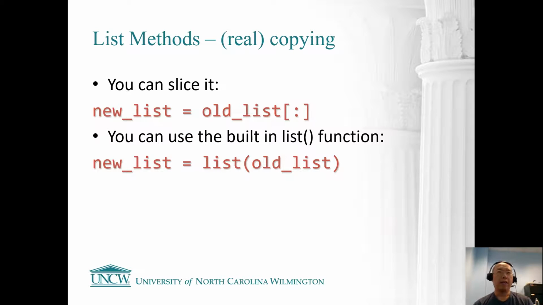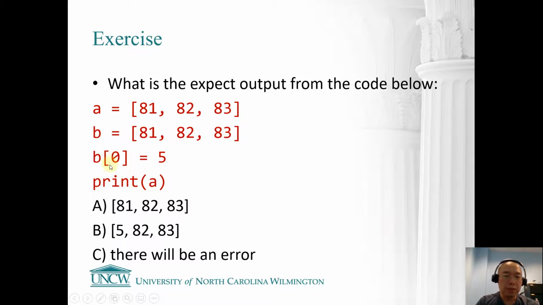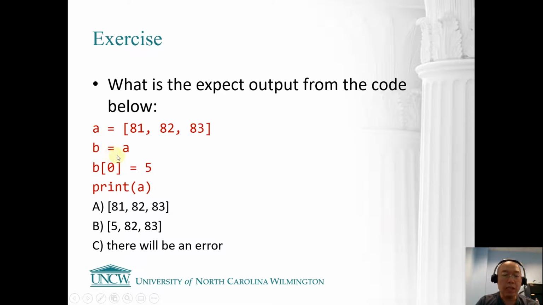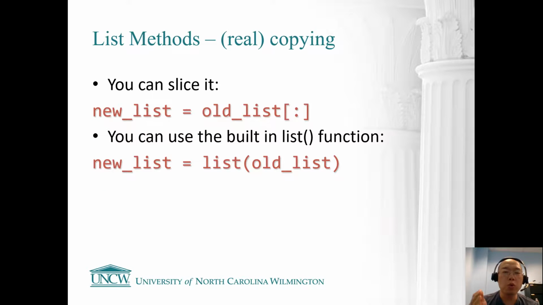Another question: if we do this line of code, B equals A, it doesn't really make a real copy. That is a shallow copy, because nothing got copied. A and B both refer to the same object. So how do we do a real copy? A real copy can be done in two ways.